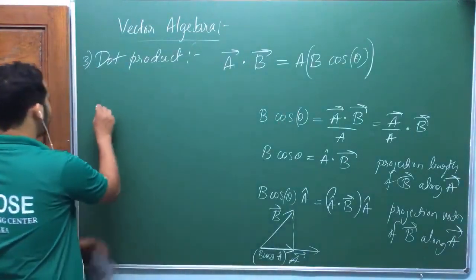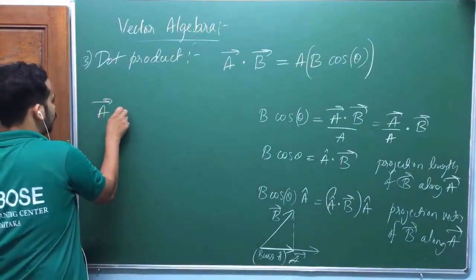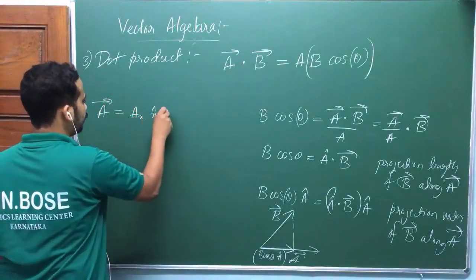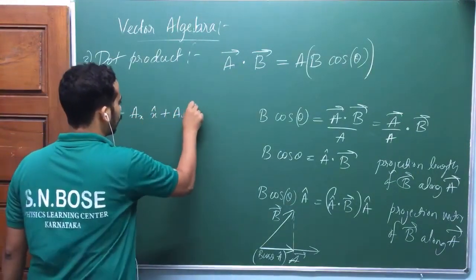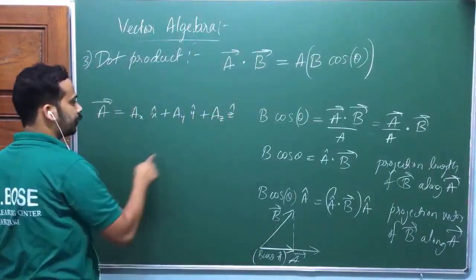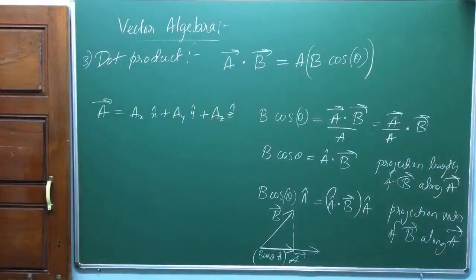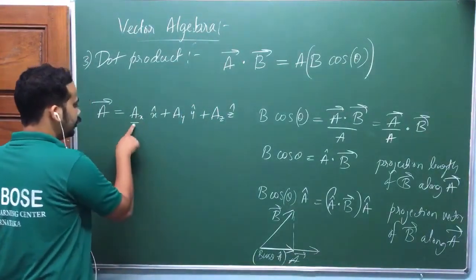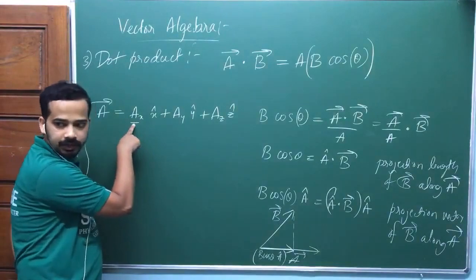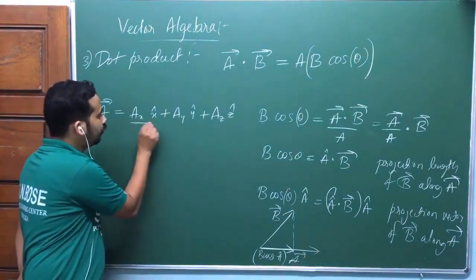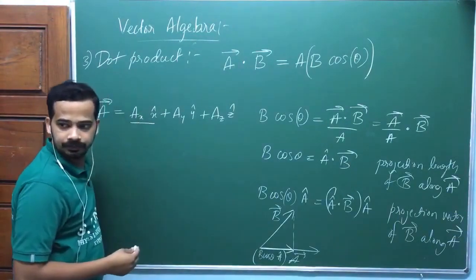Suppose you write a vector in a Cartesian coordinate system: ax into x cap plus ay into y cap plus az into z cap, where x cap, y cap, z cap are orthogonal unit vectors. Is that okay? So we call this one the projection length along x-axis, am I right? But this whole thing is a projection vector actually.